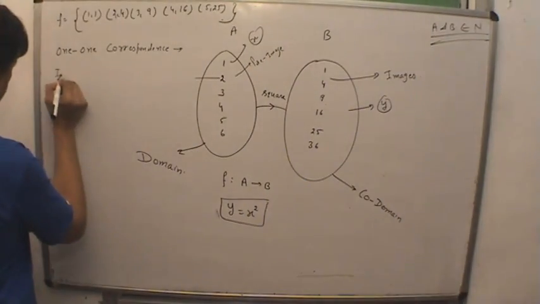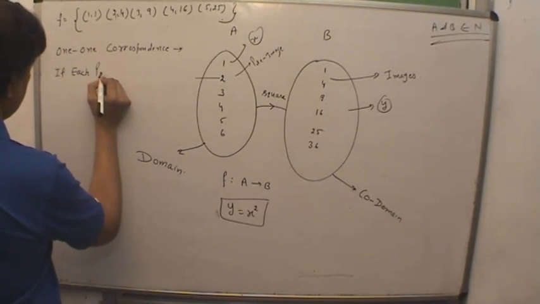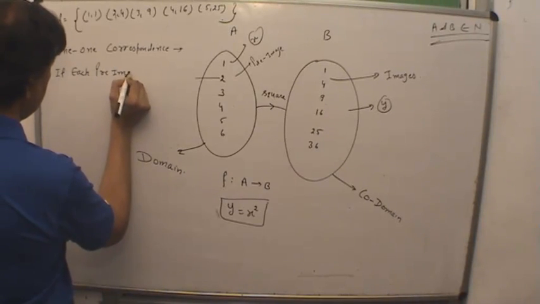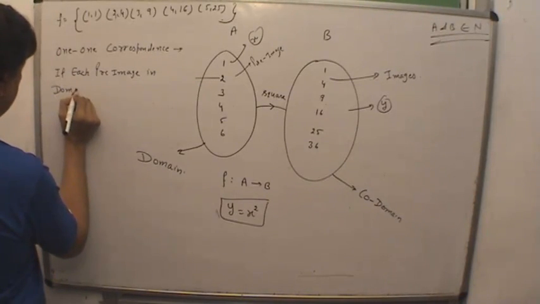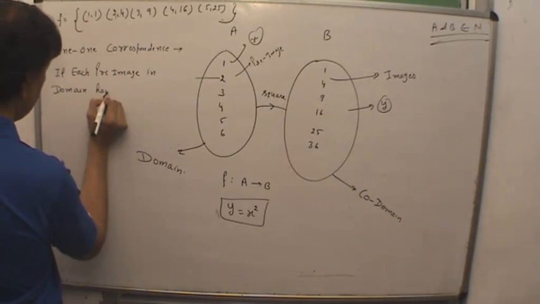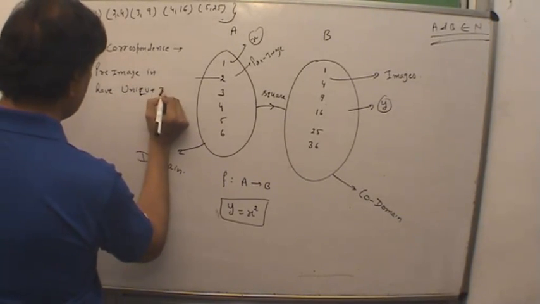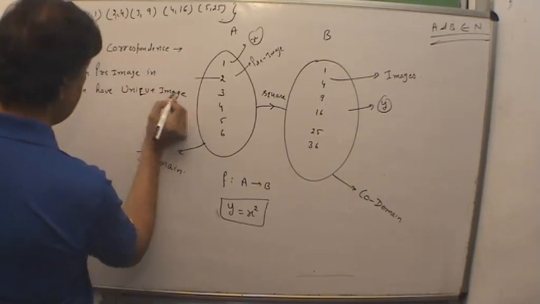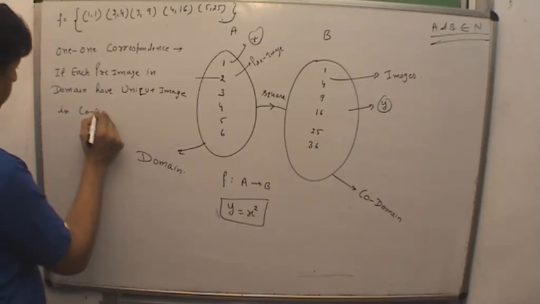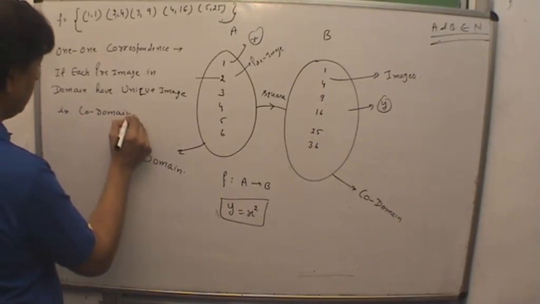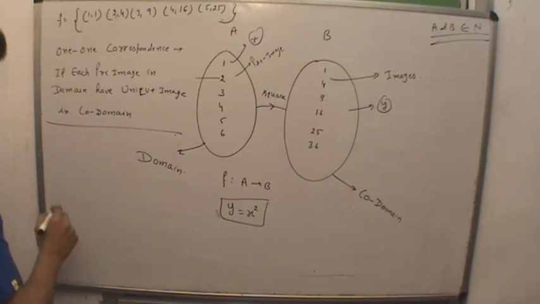If each pre-image in the domain has a unique image in the codomain, then we say it is 1-1.